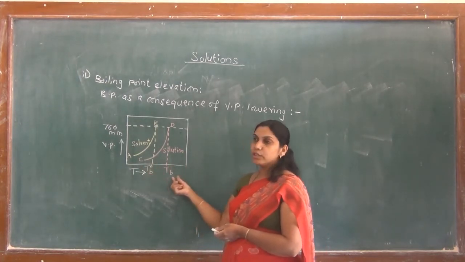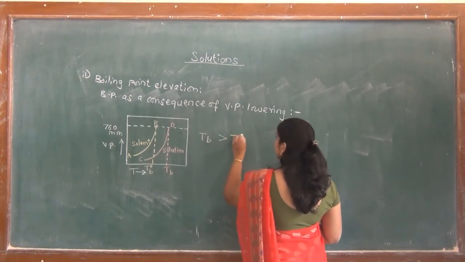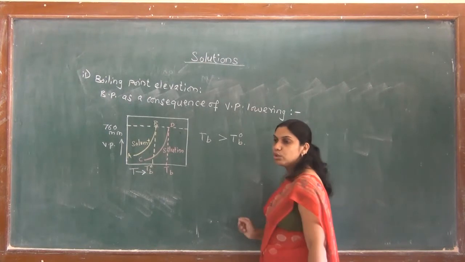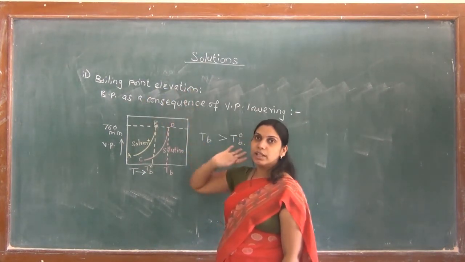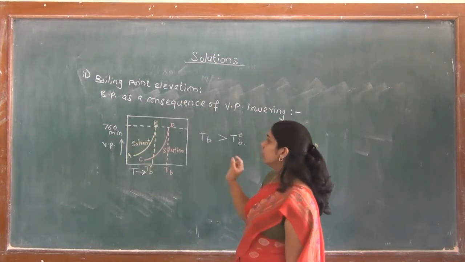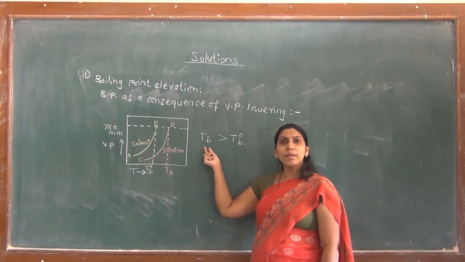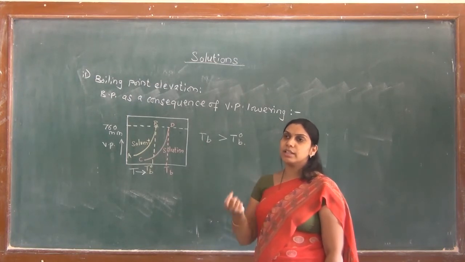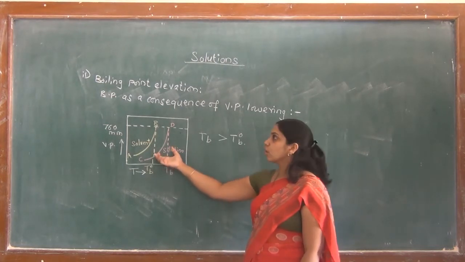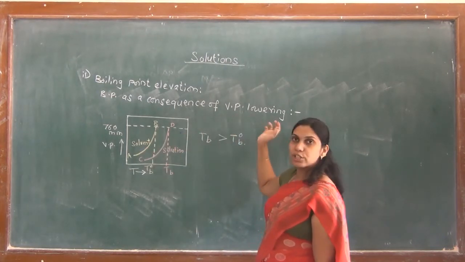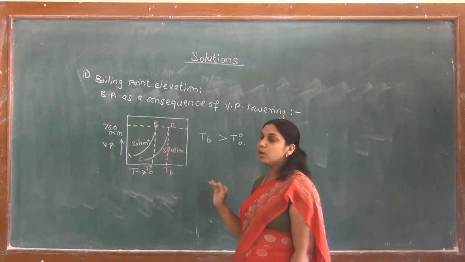So, from the graph, you can observe that TB is greater than T0B, and that condition we have studied in boiling point elevation. So we can show that the boiling point of a pure solvent increases by the addition of non-volatile solute as a consequence of vapor pressure lowering. Have you cleared this graph?